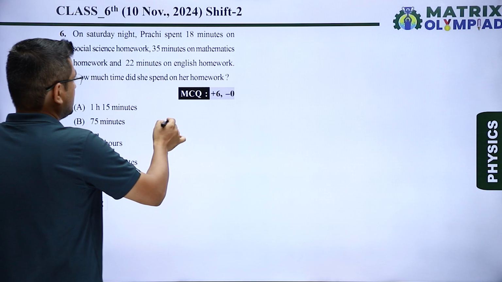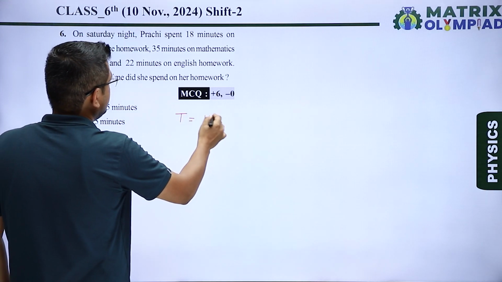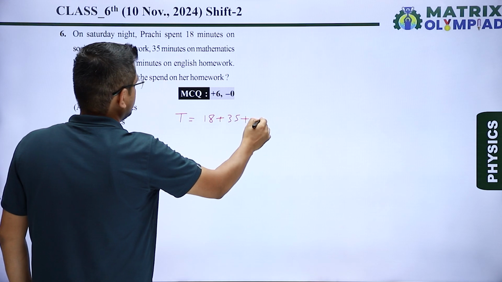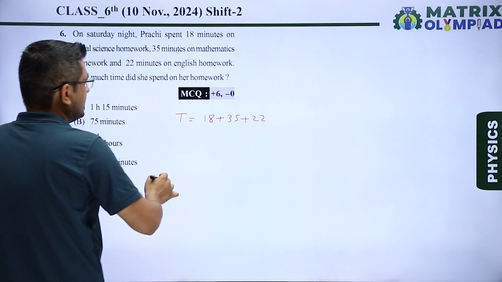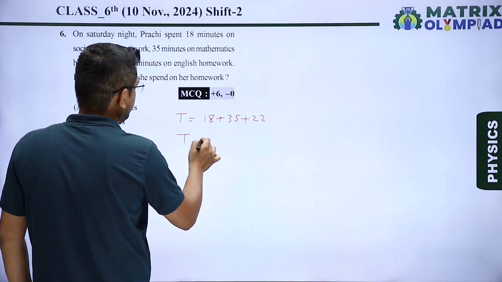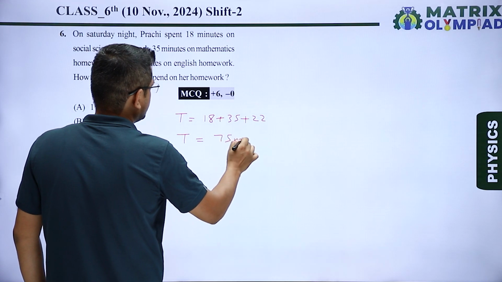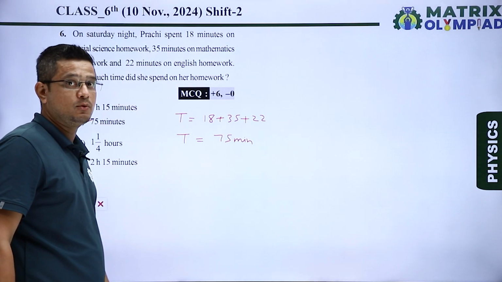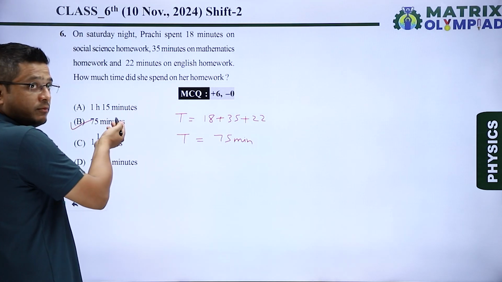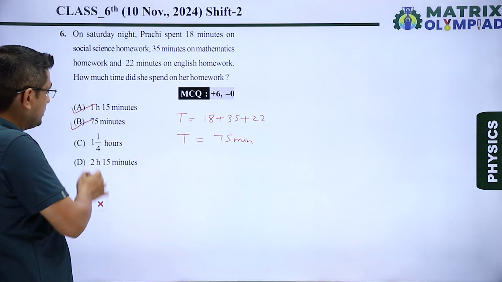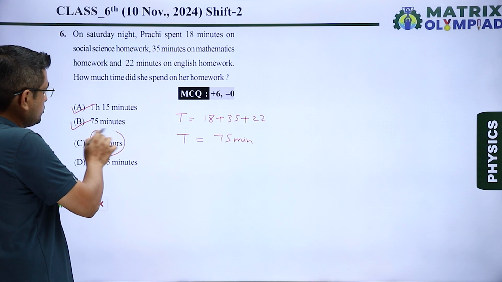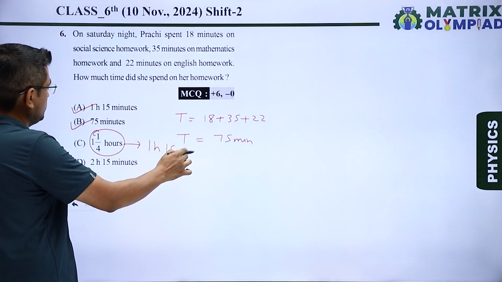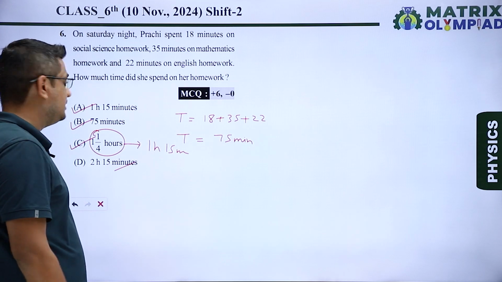Total time is 18 plus 35 plus 22, all in minutes. 22 plus 18 will become 40, and 40 plus 35 becomes 75 minutes. So option B is correct, and 75 minutes is equal to 1 hour 15 minutes. This is also true, so A, B, C all three are correct options.